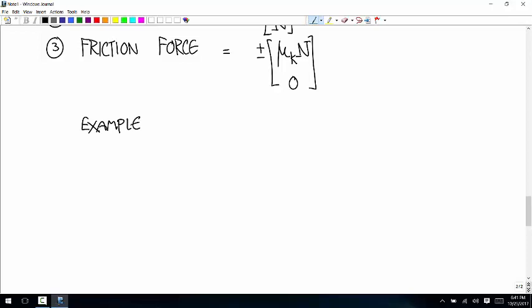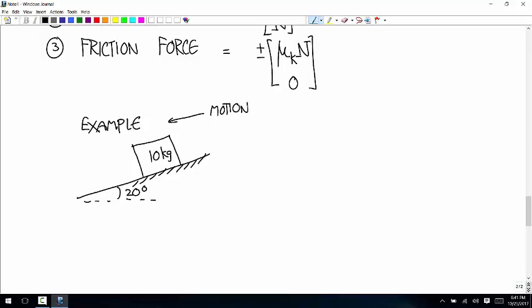Okay, so let me do one where an object's sliding down an incline. So let's say this angle is 20 degrees. The box is 10 kilograms, and it's sliding down, so this is the direction of motion, the direction of the velocity vector.